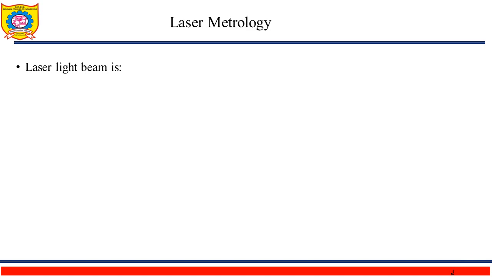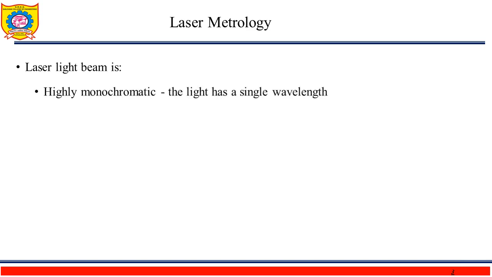So laser light beam is highly monochromatic. The light has a single wavelength. See, monochromatic, mono means single, chrome means color. So single colored, and single colored light is always having single wavelength. So when light is having single wavelength, then it is going to produce only the light of particular color.